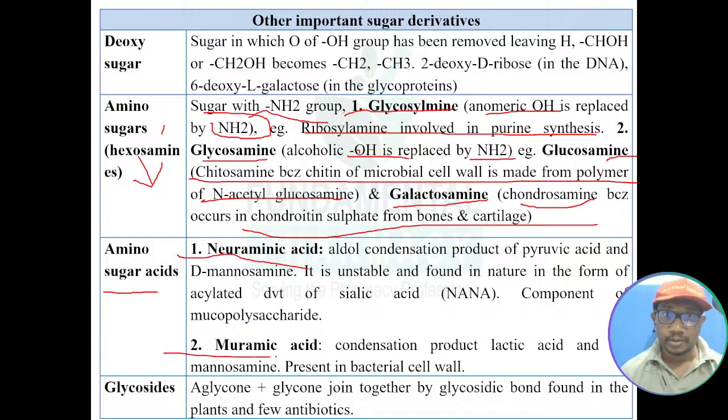Neuraminic acid is an aldol condensation product of pyruvic acid and D-mannosamine. है ना, ये अमाइनो शुगर है, और अमाइनो शुगर से बनता है अमाइनो शुगर एसिड्स. जो मैनोज है उसको अमाइनो ग्रुप लगा दिया तो मेनोसामाइन बन जाएगा, और उसका और पायरुविक एसिड का कंडेंसेशन करेंगे तो वो बनेगा आपका न्यूरामिनिक एसिड.